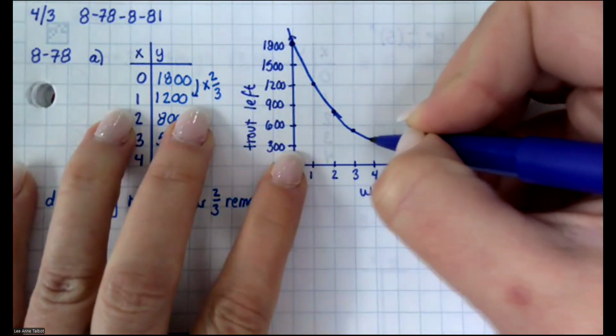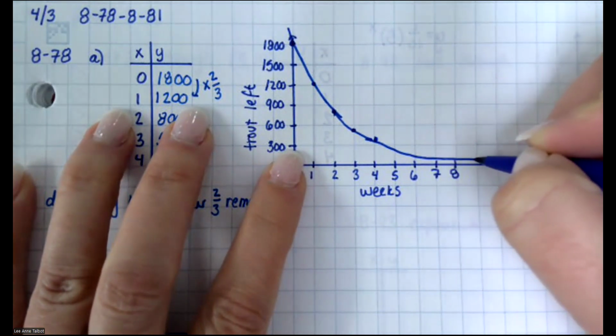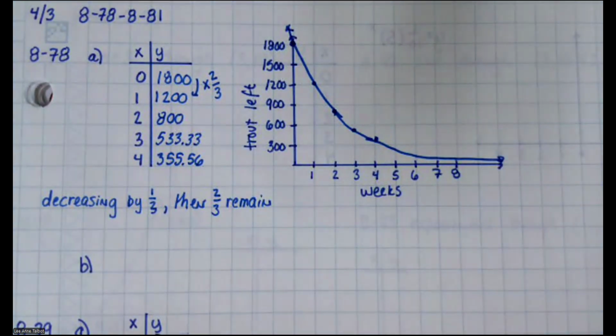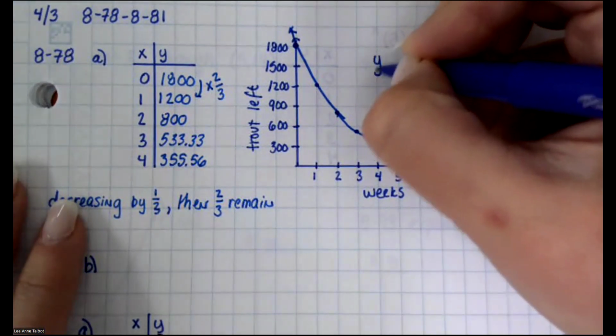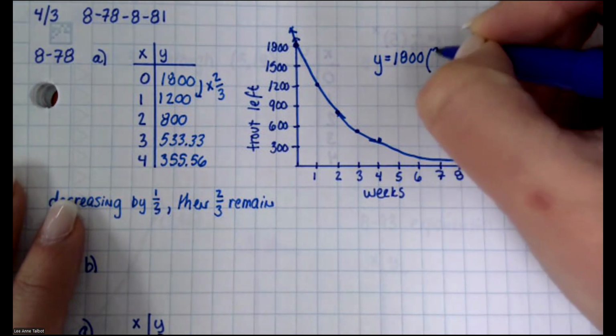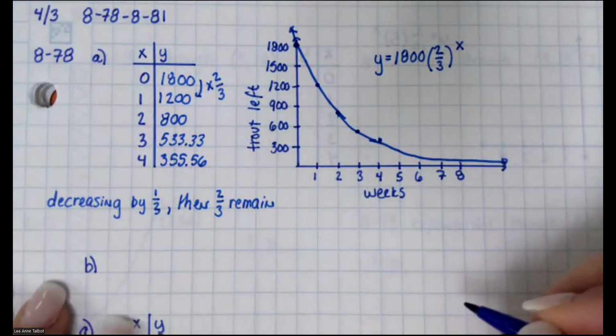Try to leave a little bit of daylight, as I like to say. Okay, and the equation is y equals the start times 2/3 to the x.